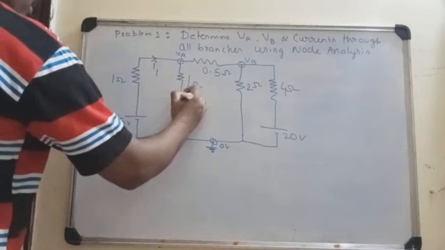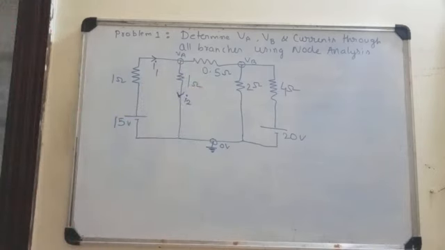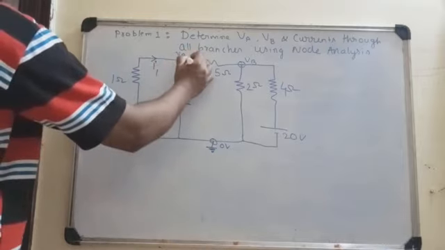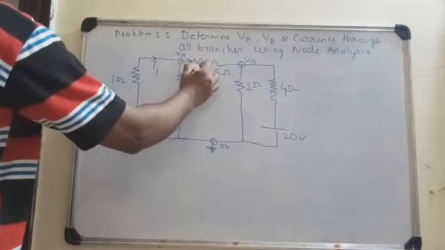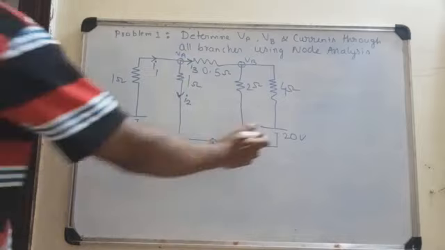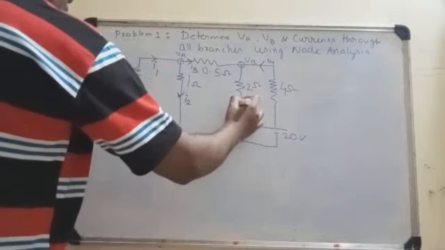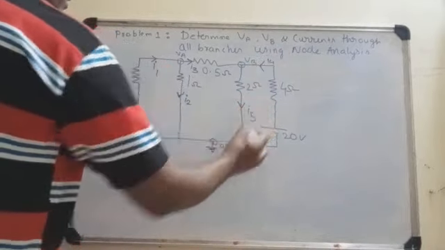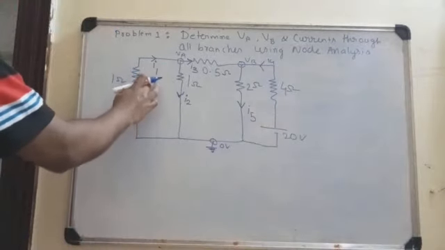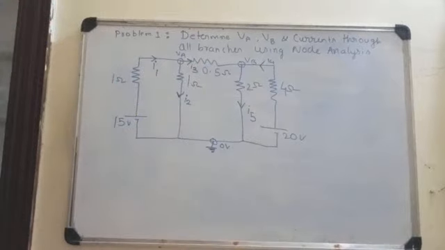Then from this, an outgoing current, call it I2, and one more outgoing current, call it I3. From this source, let's take one more incoming current as I4 and one outgoing current as I5. So I need to find I1, I2, I3, I4, I5.